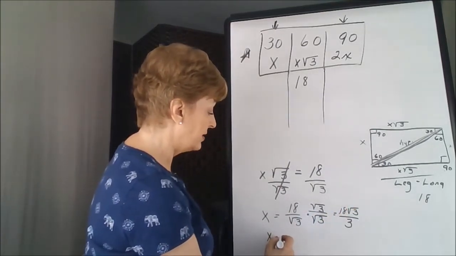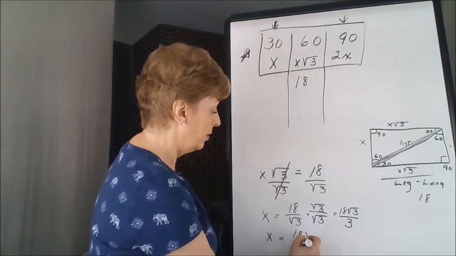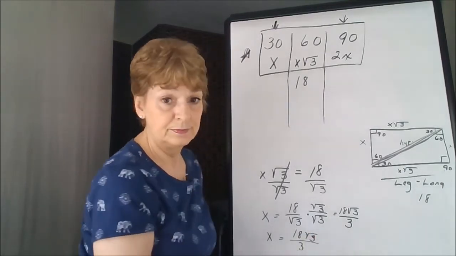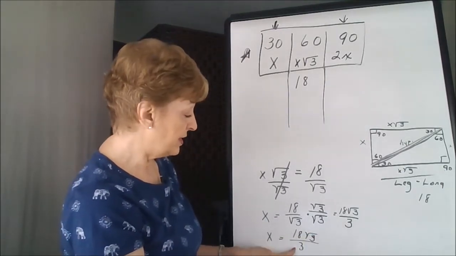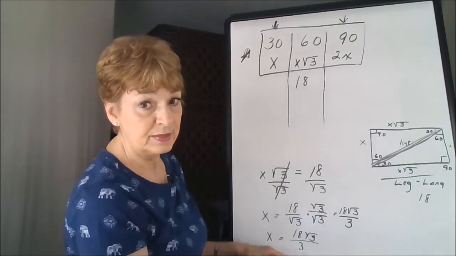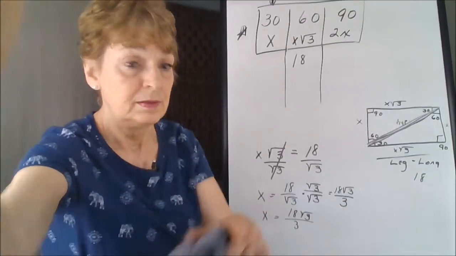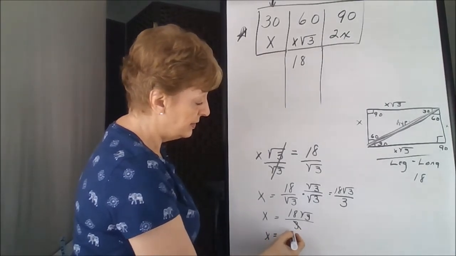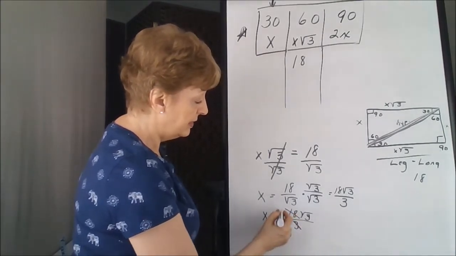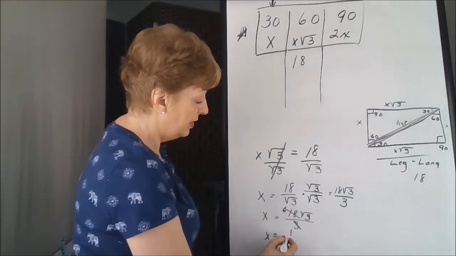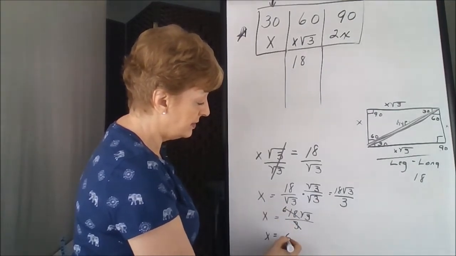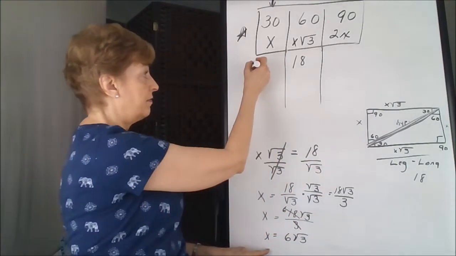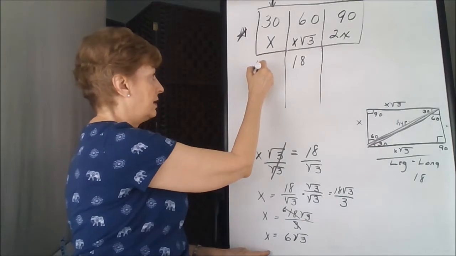So x is equal to 18 radical 3 over 3. We have whole numbers that we can reduce. This is divisible. So 3 divides into itself once, and 3 divides into 18 6 times. So now this x is 6 radical 3, and it's ready to be put into our value here, 6 radical 3.